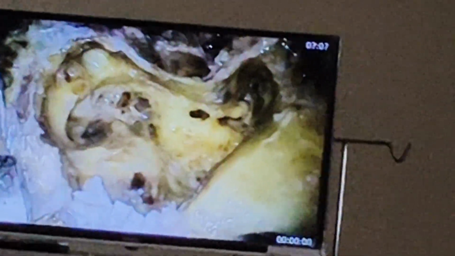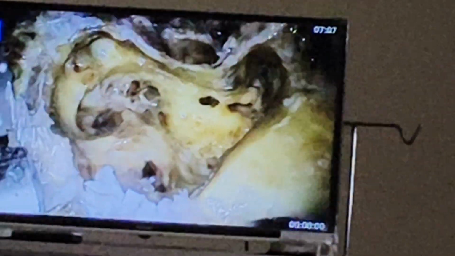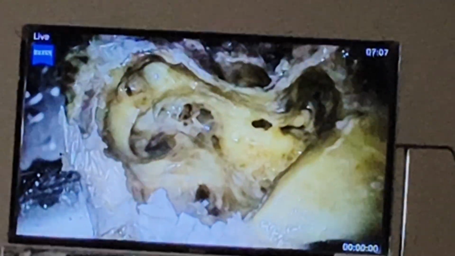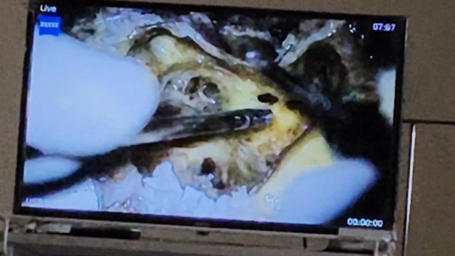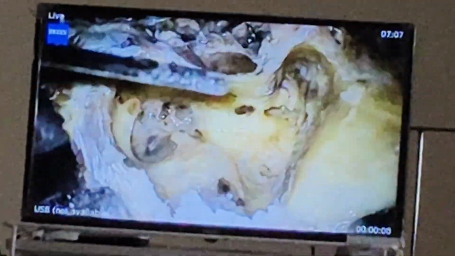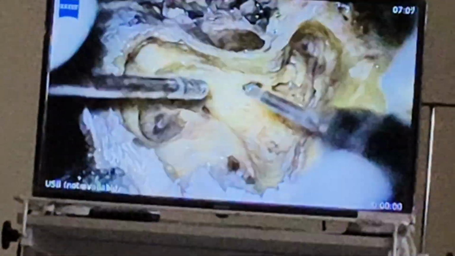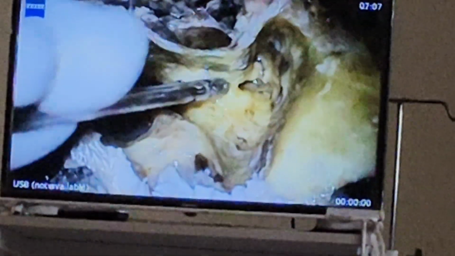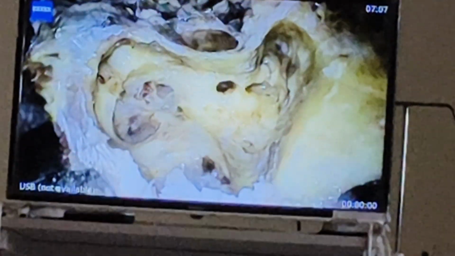Here we have already removed the stapes superstructure. You will not see that because we have done a complete stapes surgery. So you will be seeing the footplate only. That is the posterior anatomy.